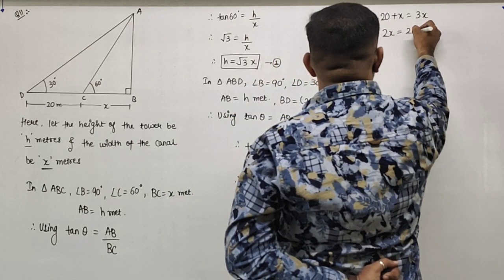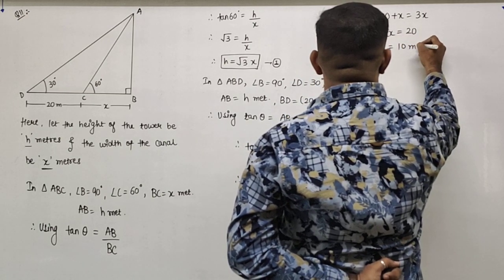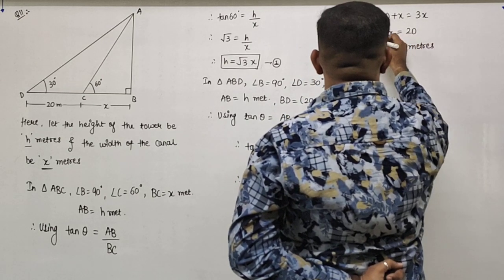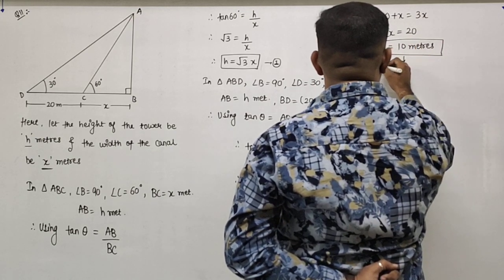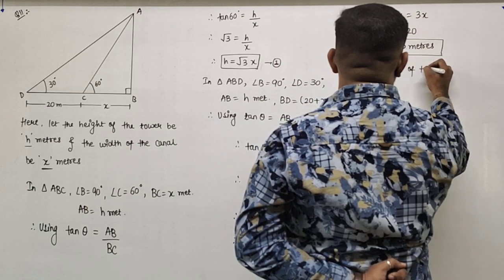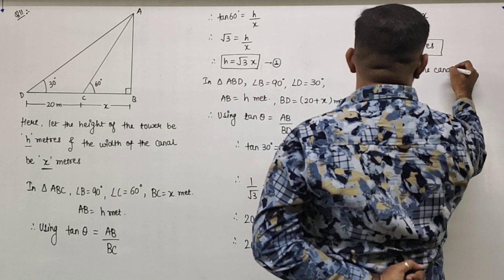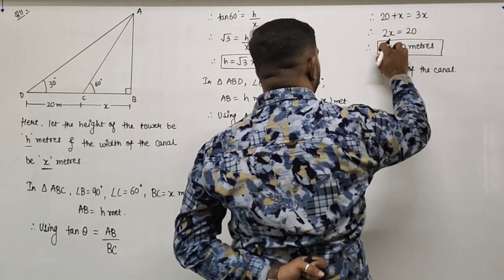Therefore, 2x is equal to 20. And hence x is equal to 10 meters. What was this x? Width of the canal. So we got our first answer, width of the canal.